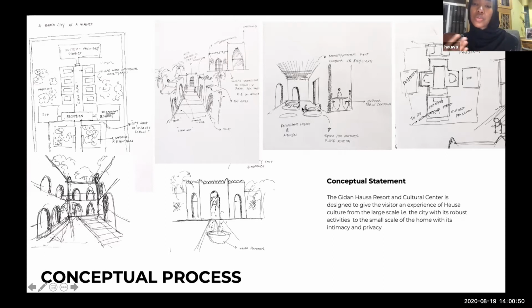As part of the typical house experience, children of the same family would typically sit around and eat from a common plate. So I wanted to also give the user that experience. So these are just my sketches going through the design process.